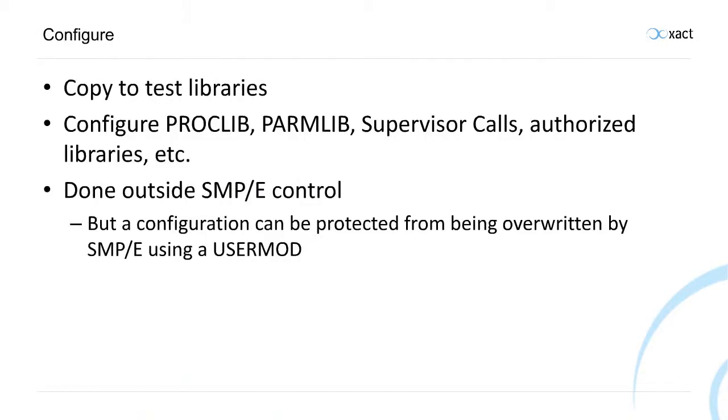Now we would do all the configuration work to make the product run. This is done outside SMPE, but if we want to protect our configurations against being overwritten by later SMPE fixes, we can create a user modification and apply it to tell SMPE to object, if it is attempted. You would then reject the user modification, apply the fix, and then reapply the user modification after checking for consistency.